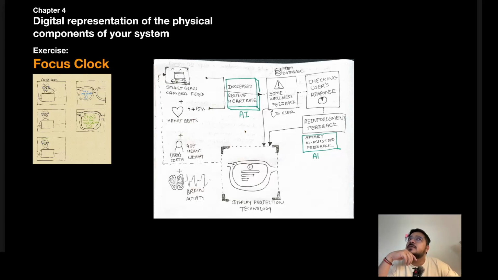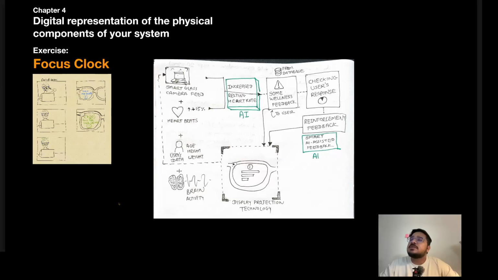It's like you are motivating them to do good, good behavior strengthening. If you are doing some good activity, then you want to reinforce that good habit overall. That's how we can use AI there. And all the feedback is going back to the screen, so it's our primary interaction point.